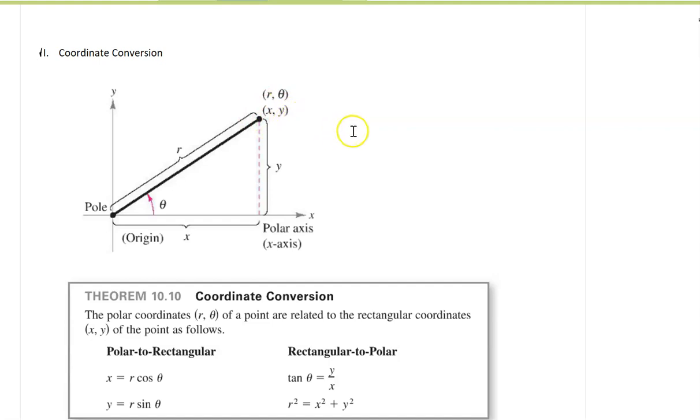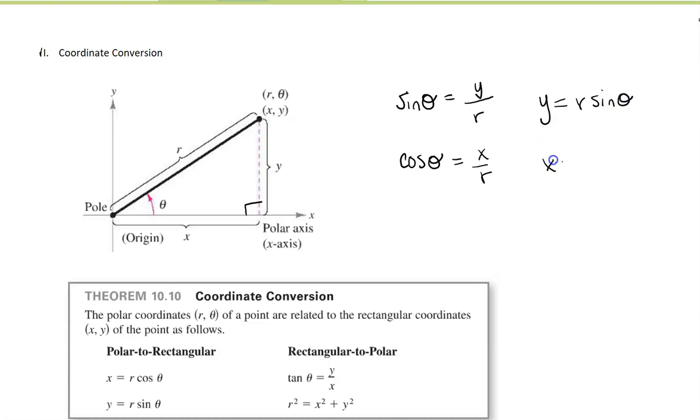So one thing to keep in mind is that if you're looking at this right triangle with the right angle here, the sine of θ would be the opposite over the hypotenuse, so that would be y over r, and the cosine of θ would be the adjacent over the hypotenuse, which would be x over r. And if you solve these for x and y, you get y = r sin θ, and x = r cos θ. And those are the conversions that we're going to use to convert between polar and rectangular coordinates: x = r cos θ and y = r sin θ.